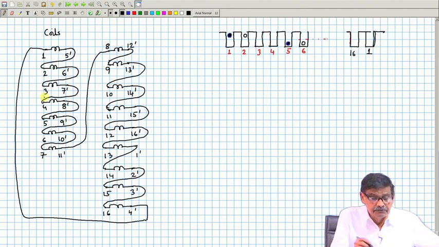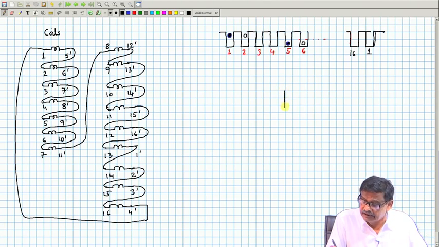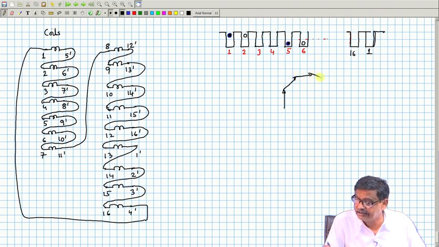If the first coil voltage is represented by a phasor like this, the second coil voltage will be lagging this by some angle beta, the third coil by this one, like that if you go, and you will end up coming to the same coil after you have traversed all the 16 voltages.